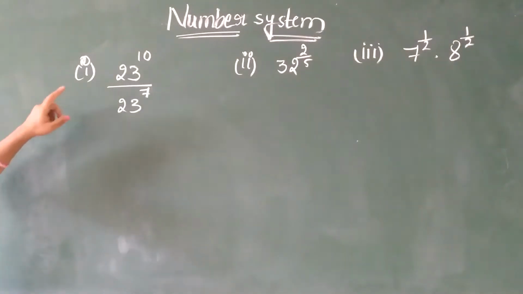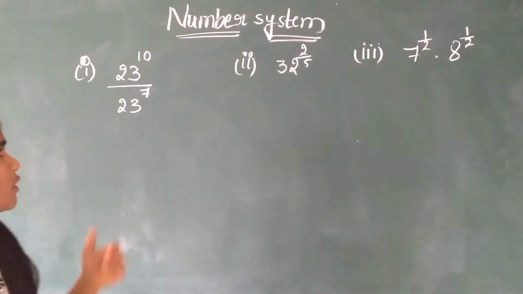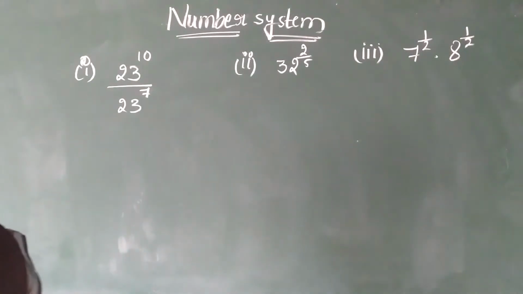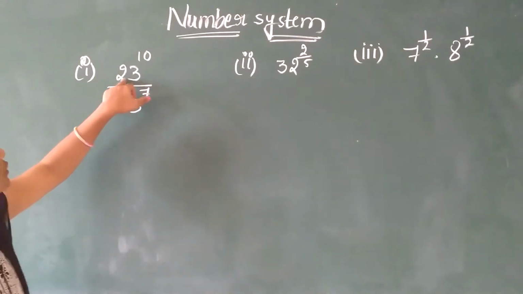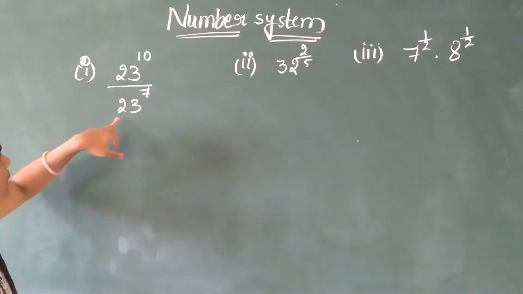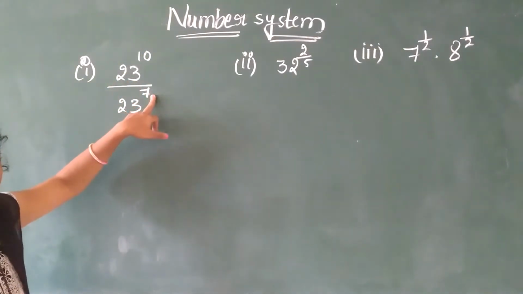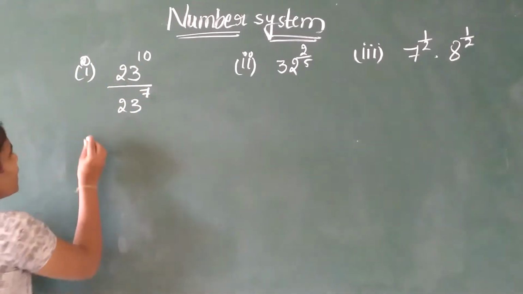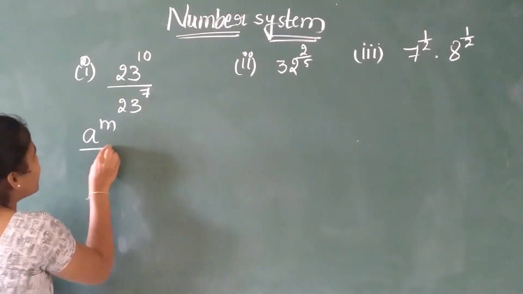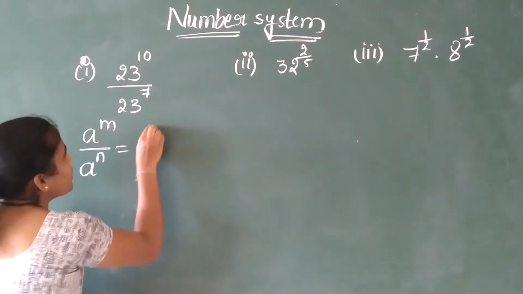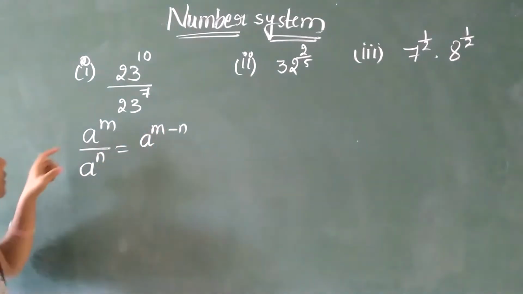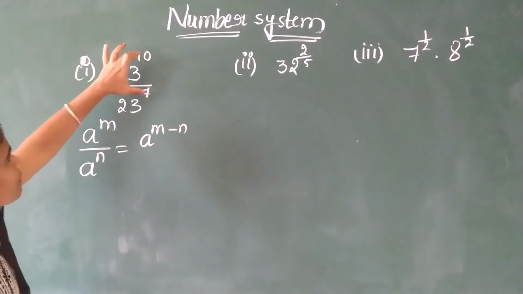Here, see, now we can solve some more examples on the basis of laws of exponents. Okay. See that first one, 23 to the power 10 divided by 23 to the power 7. Here we have to apply the law a to the power m divided by a to the power n is equal to a to the power m minus n. See here bases are same but the powers are different.